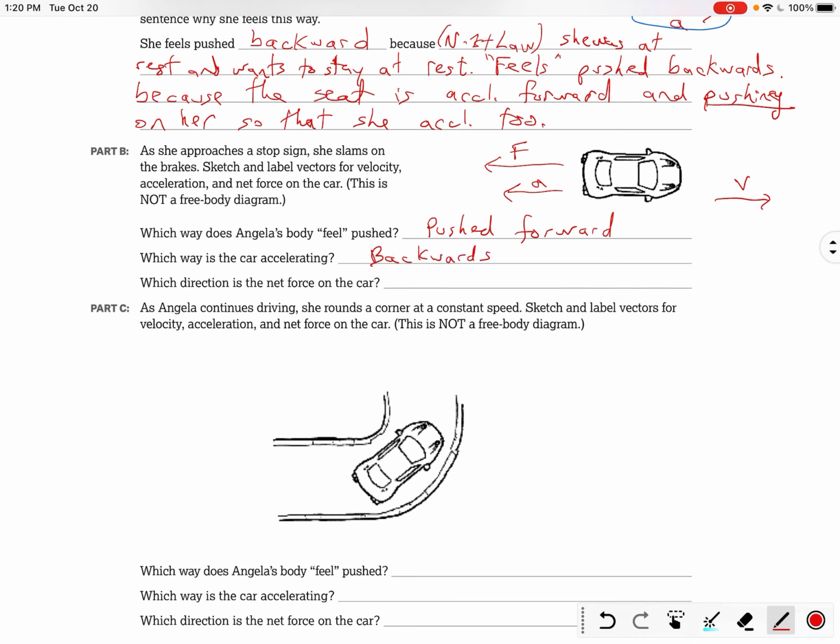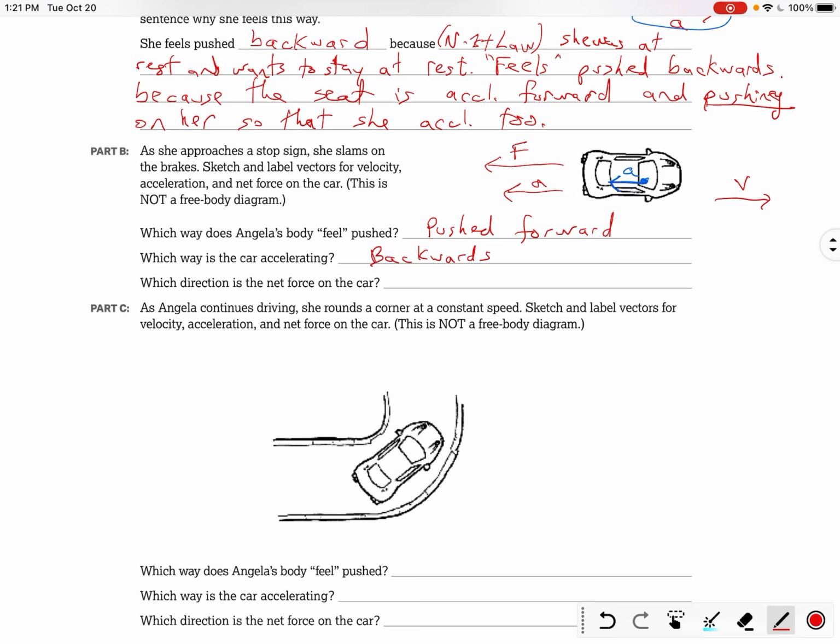Which way is Angela in the car accelerating? Obviously, she's accelerating right along with the car, or else she'd go out the front window. And so she is accelerating backwards as well. And given that, there must be a force pushing her backwards, and it's probably the seatbelt or something else.